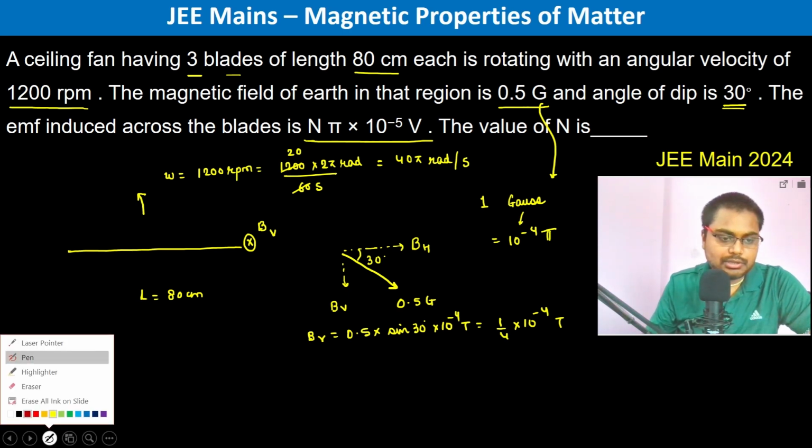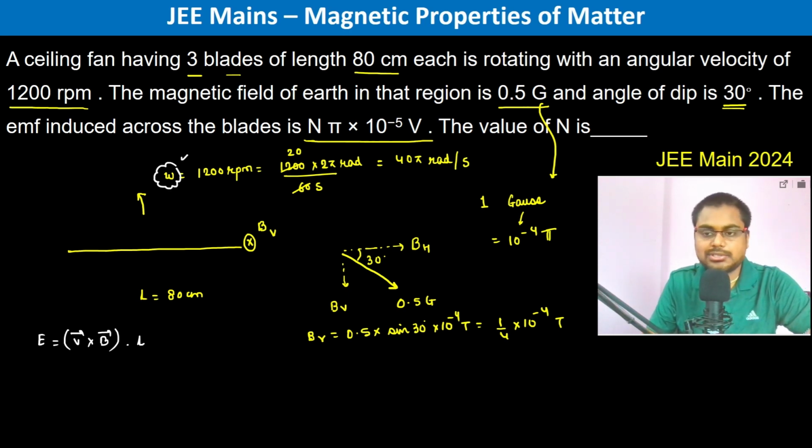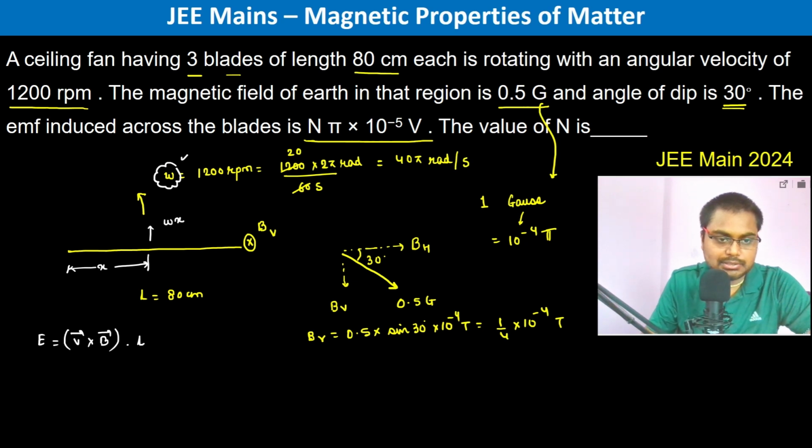Now we have this formula for the EMF. EMF is equal to V cross B dot L. But since omega is here, at each point the velocity is going to be different. So let us take x distance. Here the velocity is going to be omega x, and let us make the length dx.